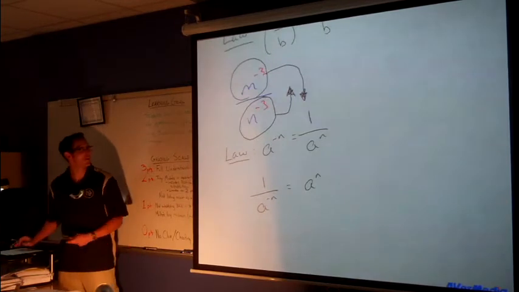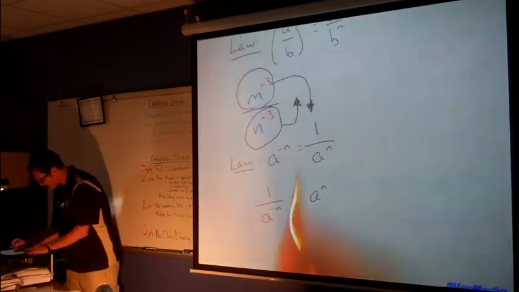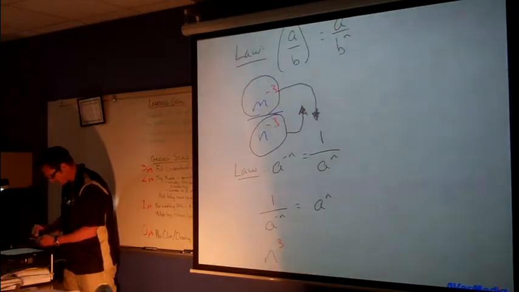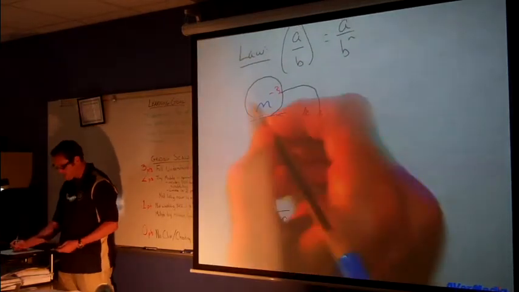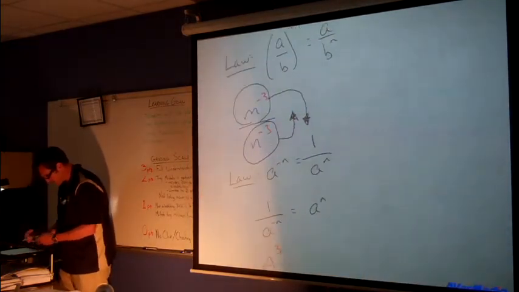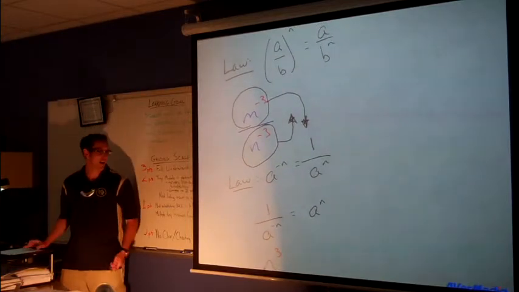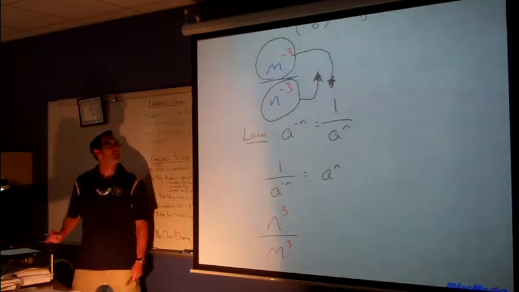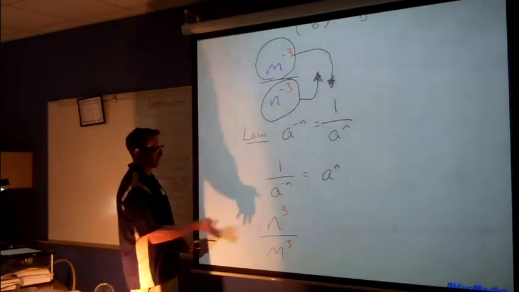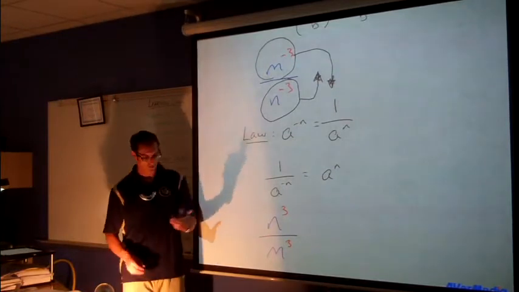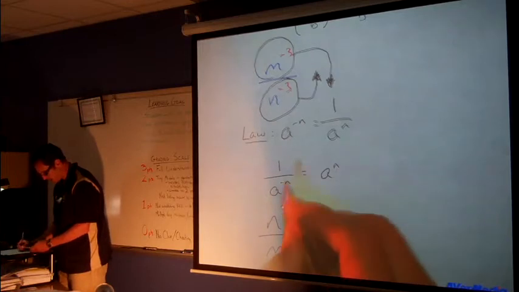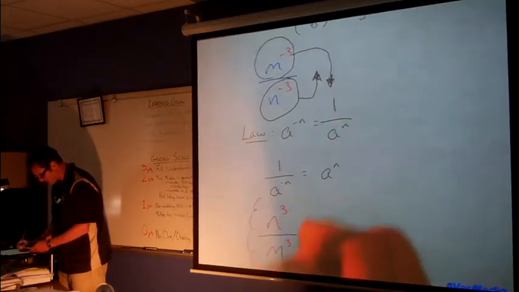We'll now have n to the +3 at the top, and the m to the -3 moves down, and we're going to have m to the +3 at the bottom. So we've kind of done a flip-flop in this case, which is why I like this problem. We flip-flop so the exponents can become positive. That's a basic problem that deals with the quotient rule.